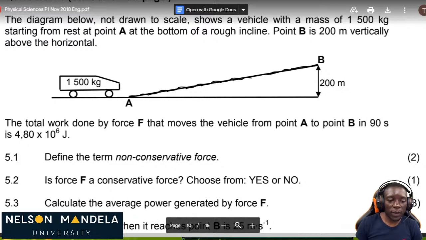Is force F a conservative force? Choose from yes or no. So how do we tell if the force F is conservative or not?